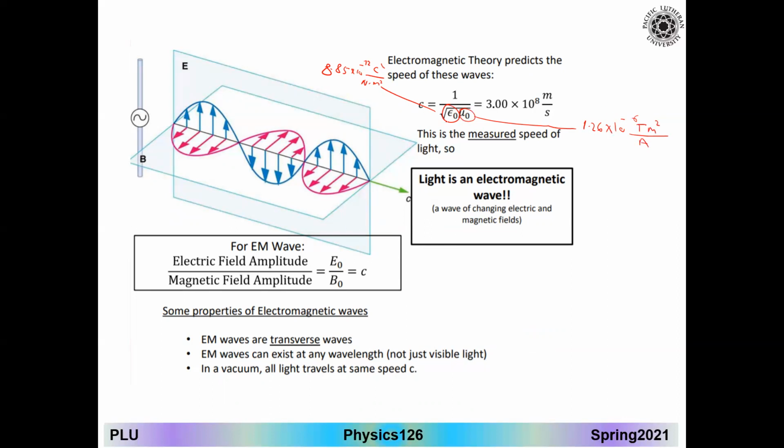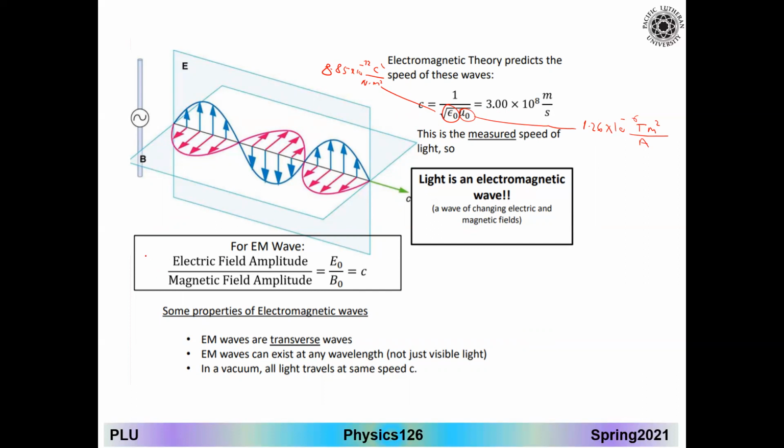So if you plug those numbers in and take the square root, you end up with 3 times 10 to the 8 meters per second. And in Maxwell's time, we know that number is equal to the speed of light. So basically what we have in the electromagnetic wave is a wave traveling with the speed of light.